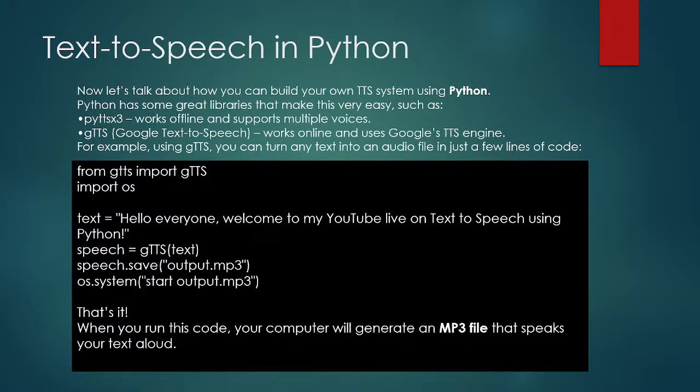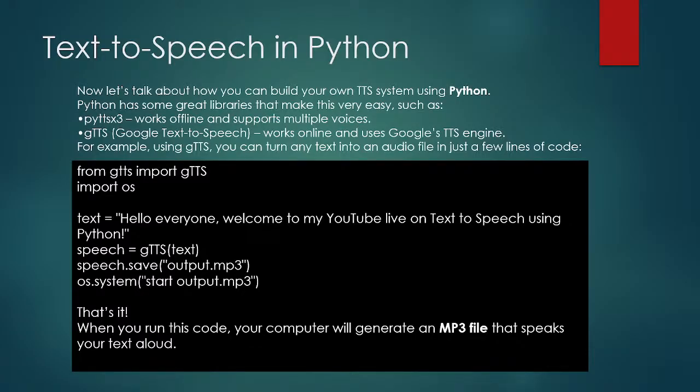So text to speech in Python. Now let's talk about how you can build your own text to speech system using Python. Using the concatenative text to speech, we want to be building our own text to speech in Python. Python has some great libraries that make this very easy, such as pyttsx3. That one works offline and supports multiple voices.